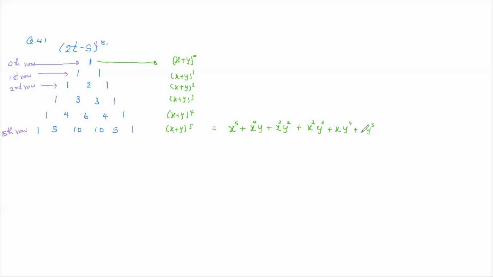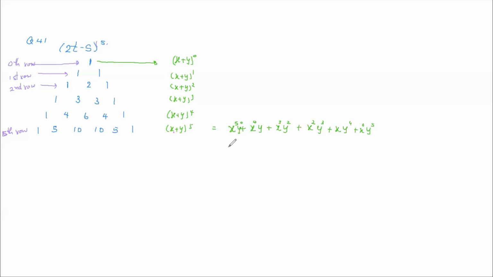Actually, the last x is x to the power 0, but power 0 is always equal to 1. The same for y: y to the power 5, 4, 3, 2, 1, and then y to the power 0, which equals 1, so it doesn't affect anything when we simplify.